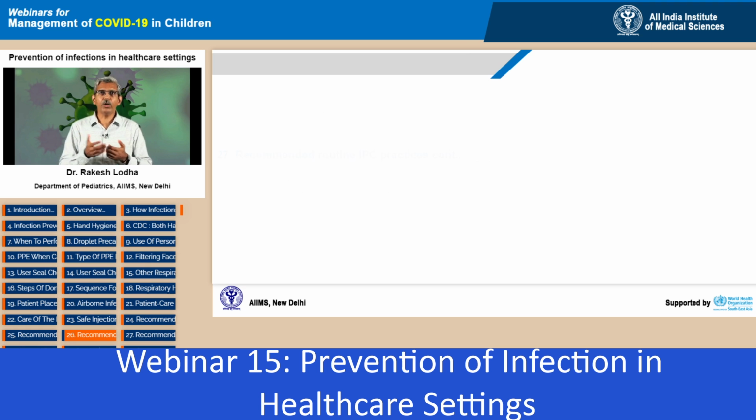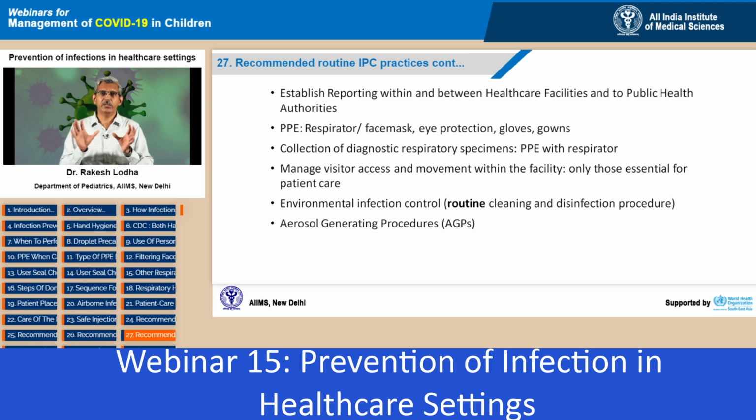Now, moving on, beyond the general patient care, we need to look at the IPC practices when caring for a patient with suspected or confirmed SARS-CoV-2 infection. In addition to general patient care, one should establish reporting within and between healthcare facilities and to the public health authorities regarding COVID-19 positive cases.